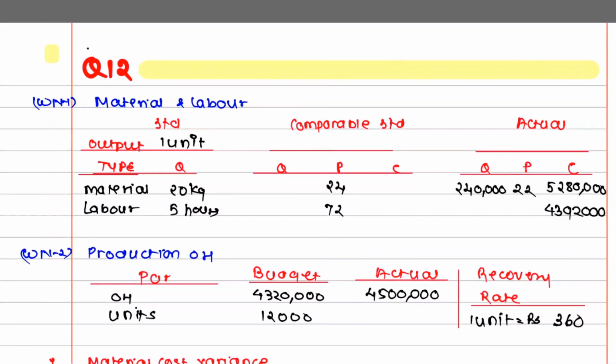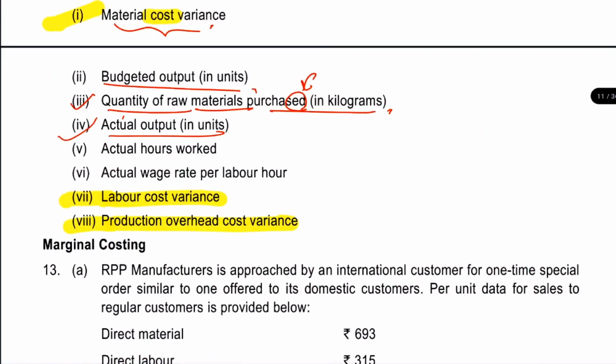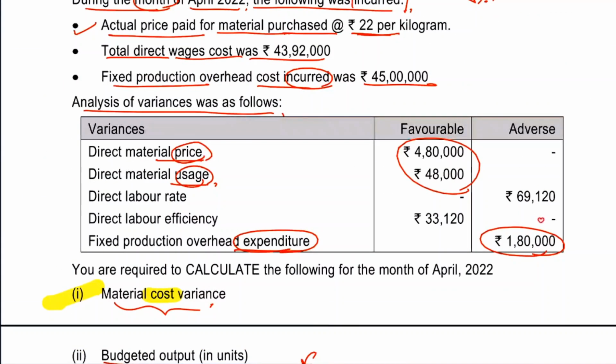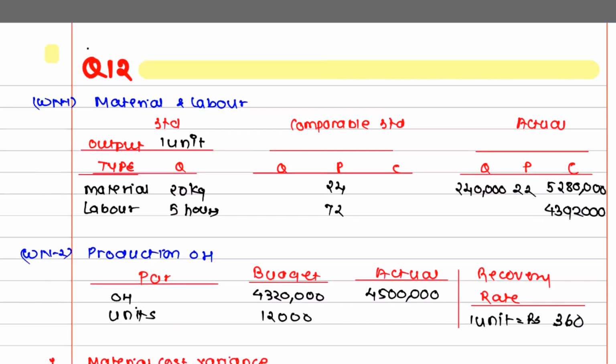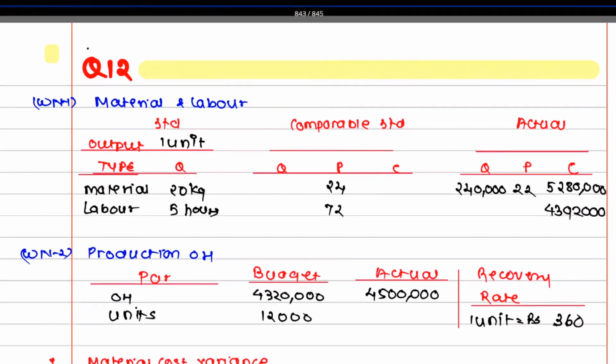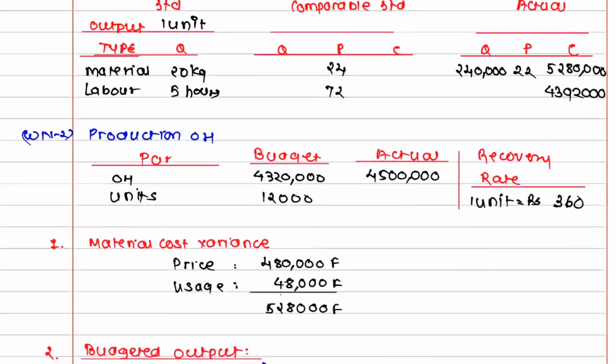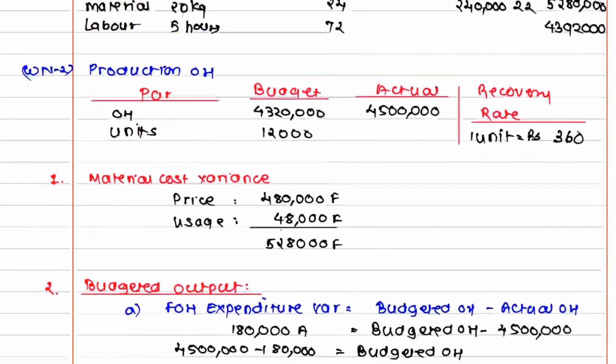Do you know, for our labor cost variance, efficiency and rate, you know both, right? Okay. Else let's just go for the shortcut part, that's a better idea. Now can you give me this value? For that matter, I need to give you the total material cost variance. Material cost variance is 5,28,000.